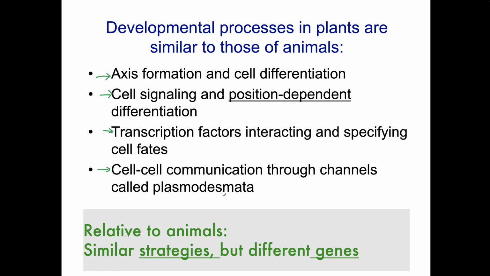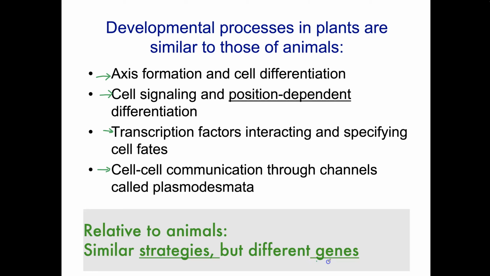But they're actually more like a meshwork. And so there are small molecules that are able to move through the cell wall from one cell to another. So there is lots of communication. So the strategies and the aims are the same. You want to make sure each cell knows where it is in the organism and what it's supposed to be forming, and so on.